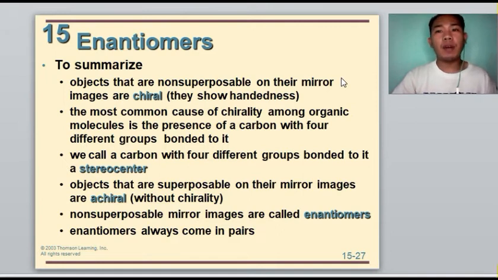Examples of achiral objects include an undecorated cup, an unmarked baseball bat, a regular tetrahedron, a cube, and a sphere. To repeat, the most common cause of chirality in organic molecules is a tetrahedral carbon with 4 different groups bonded to it.